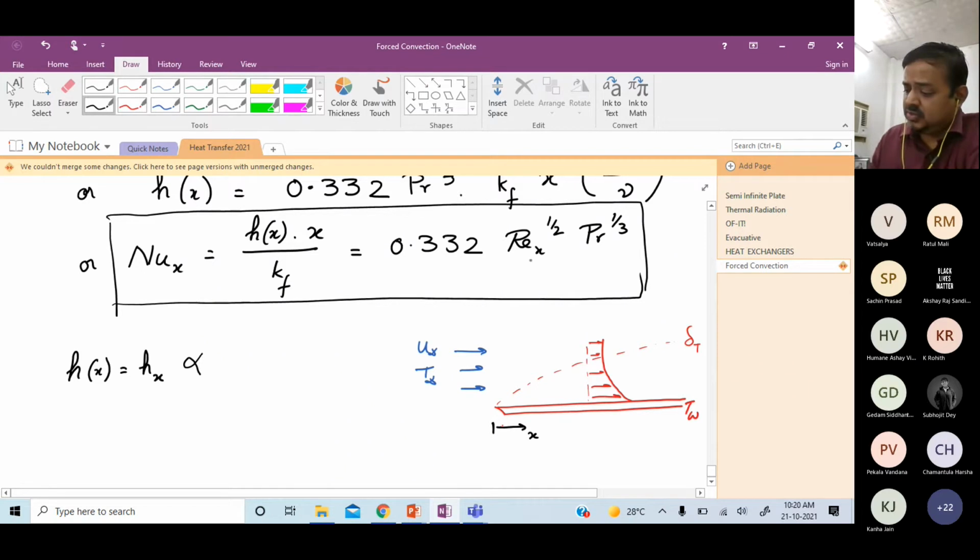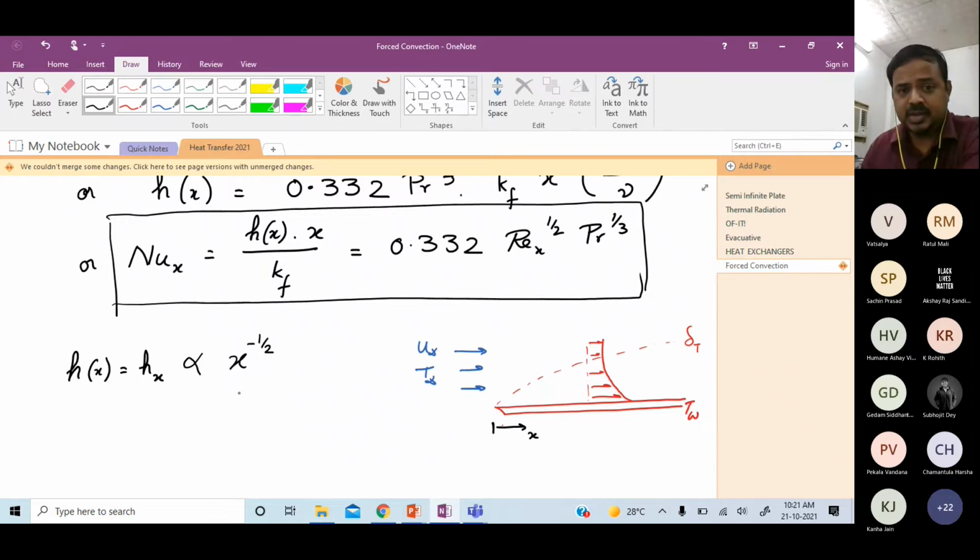It is proportional to x to the power minus half, which means the heat transfer coefficient reduces. It is highest, of course, it's infinity at the leading edge, and then it reduces following this dependence. So the heat transfer coefficient closer to the leading edge is higher, and away from the leading edge is lower.